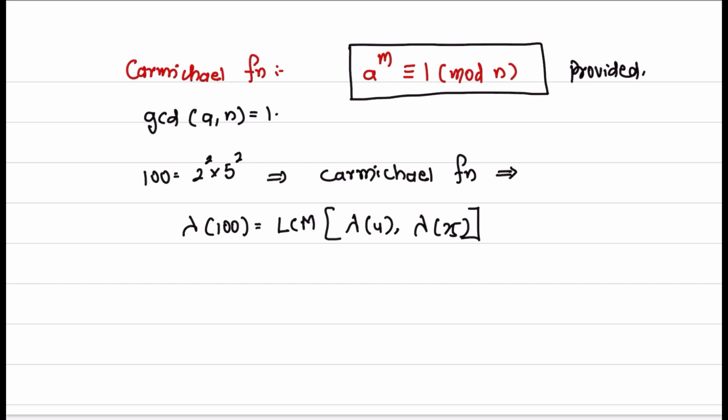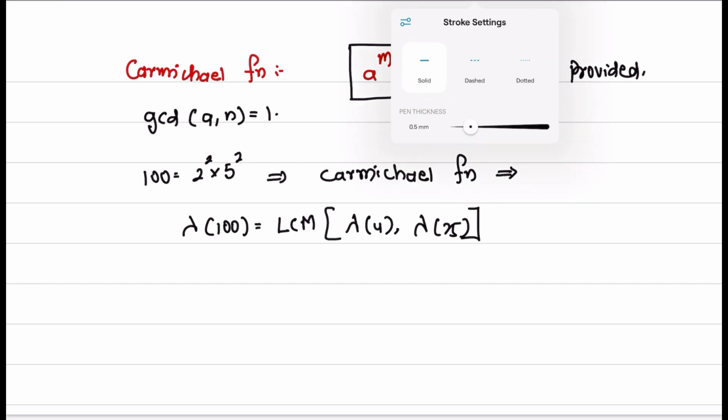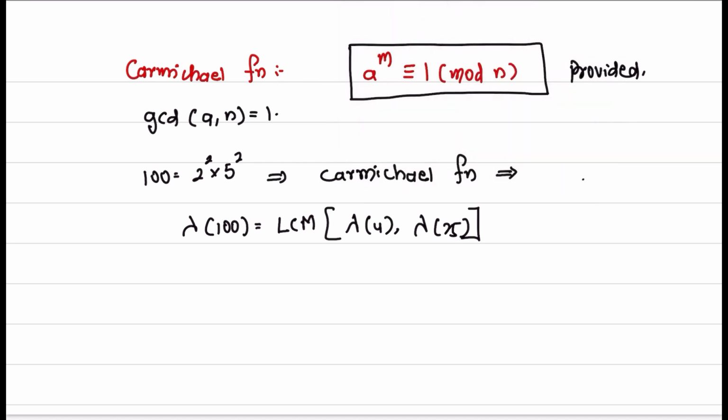Lambda 4 here is equal to 2. How did we get 2?